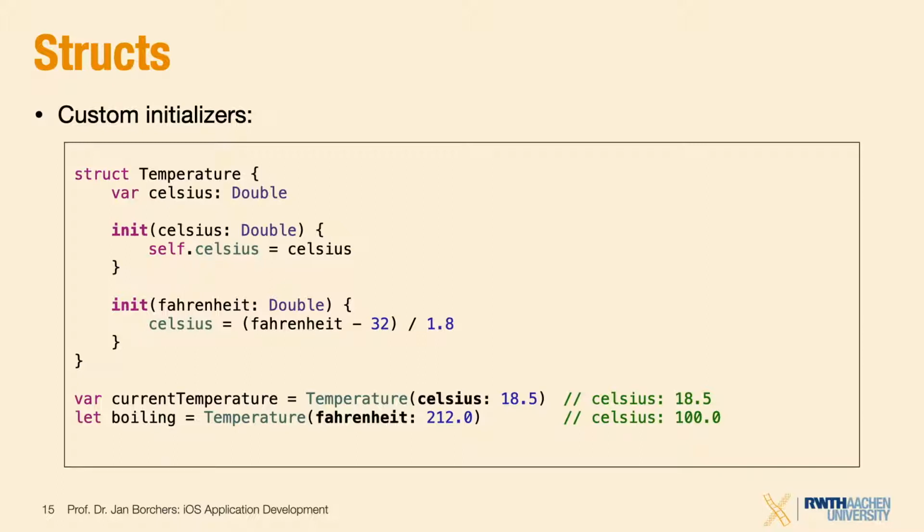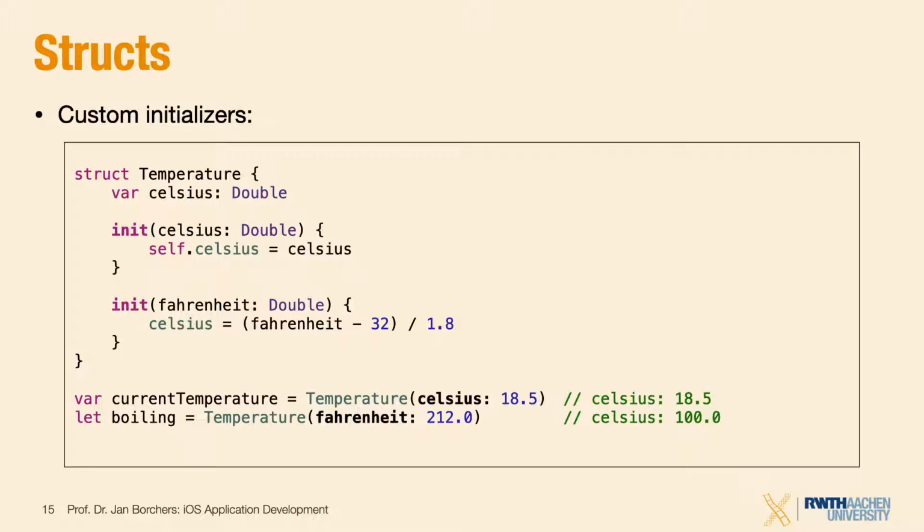By the way, using let for boiling here means that I won't be able to change that temperature struct after I created it. So it's now set to 100 degrees Celsius, which is the conversion from Fahrenheit, and after that this can no longer change. But we use it for storing the boiling temperature if you don't plan on changing that.